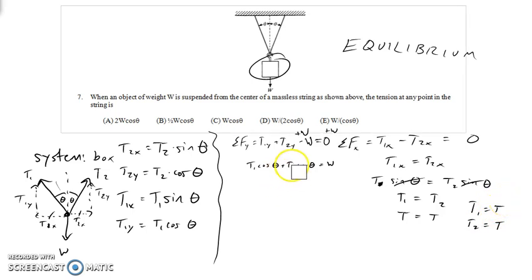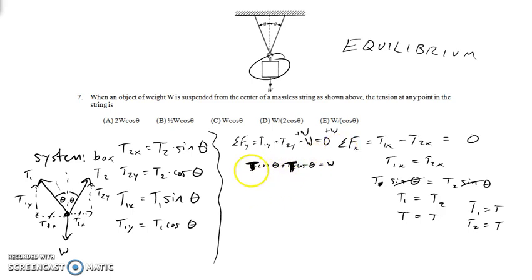And when I draw this equation over here, then I can just say that this is T, and this is T, the tension of the rope. And again, if you wanted to call that T1 cosine theta plus T1 cosine theta, you could do that. Or you could say T2 cosine theta plus T2 cosine theta.